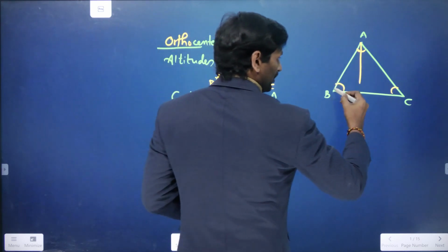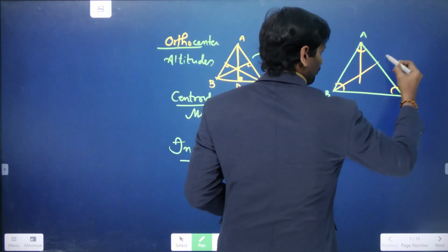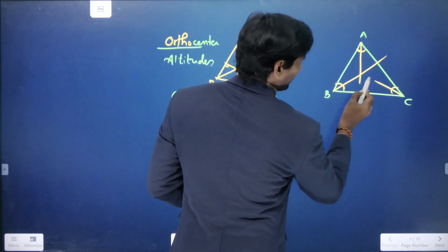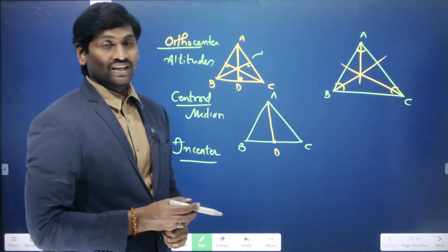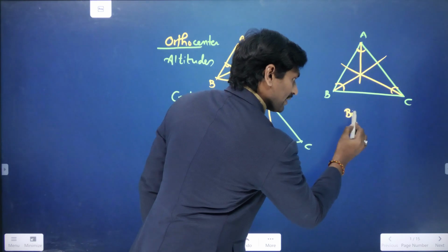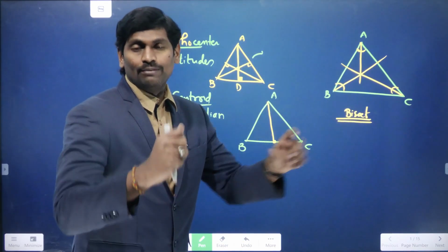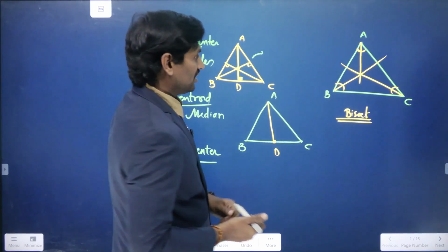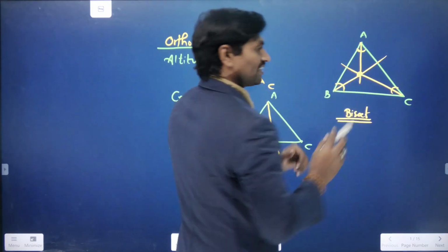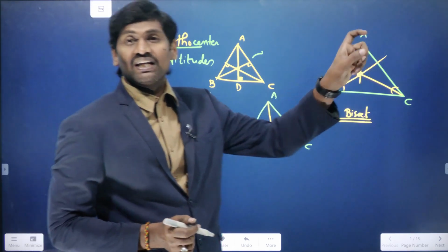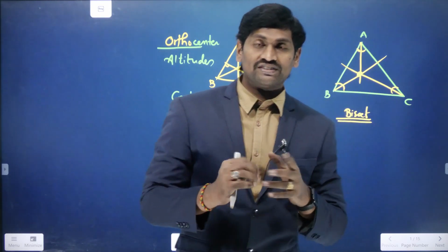In the same way, angle B and angle C are also divided into two equal parts. These are angular bisectors. Bisect means dividing into two equal parts. The point of concurrence of the angular bisectors of a triangle is called the incenter.